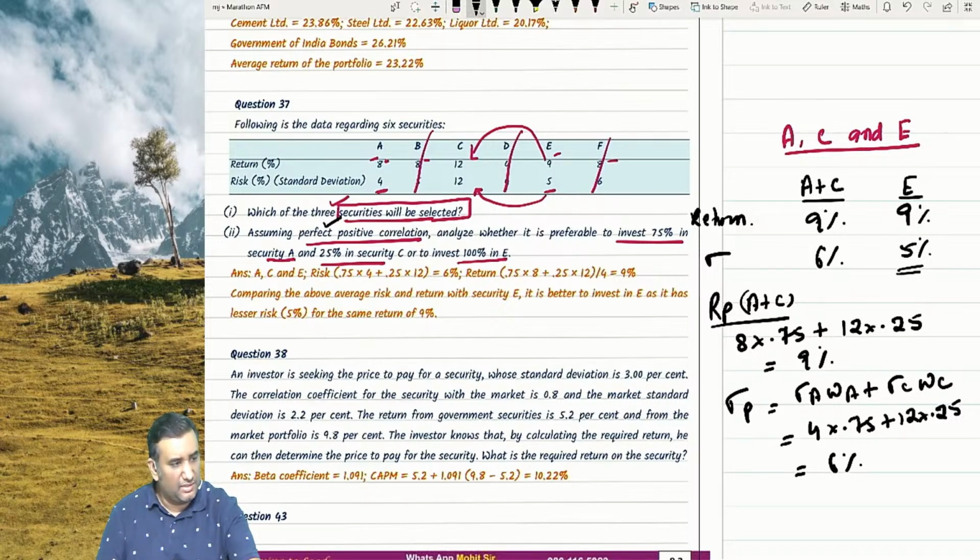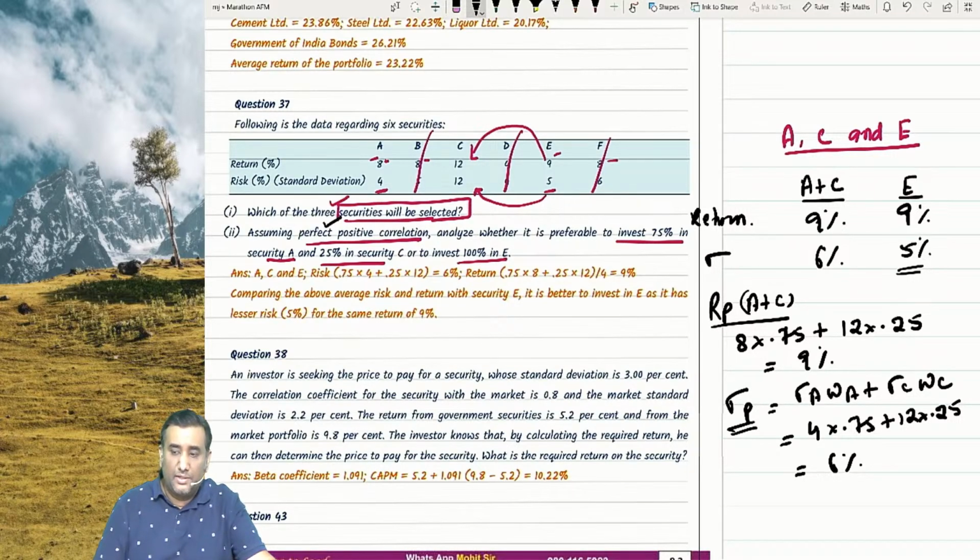That was basically the standard deviation of a portfolio. Now the standard deviation of a portfolio consisting of 3 securities, I'll just show a formula, because one of the lengthy questions might be using it.